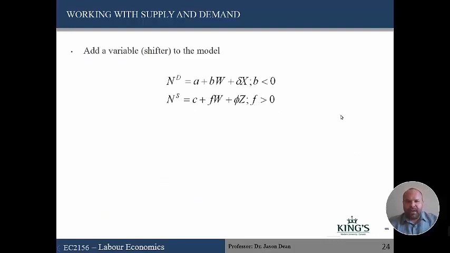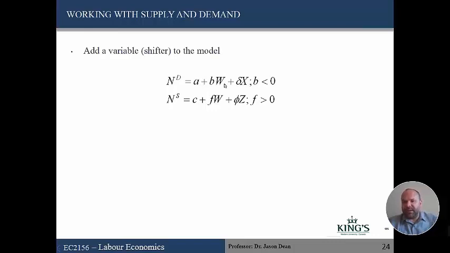Okay, let's suppose we add a shifter to the model. We could just add a coefficient in front of a variable X and another coefficient in front of a variable Z. This would be the model which would allow for shifts in the demand or supply curve. This X here would shift the curve because we always draw the labor market in the labor and wage space.